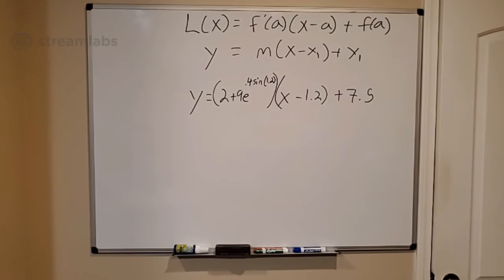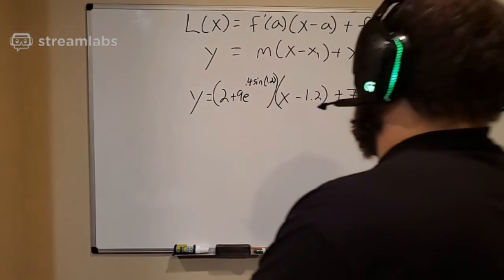Okay, so then they want us to find at what value of t does A of t equal 15. So where am I going to put that 15 into my linearization formula? The y. So that is my y value. So you just plug 15 in for y and then solve using your calculator. Why would it be sine of 1.2?